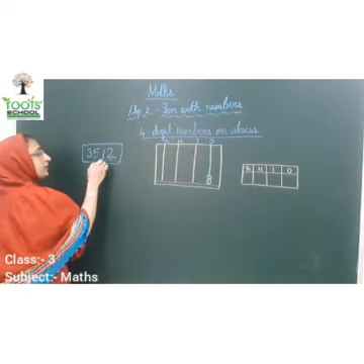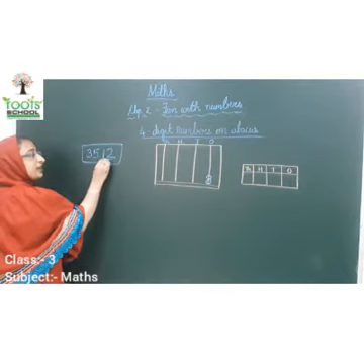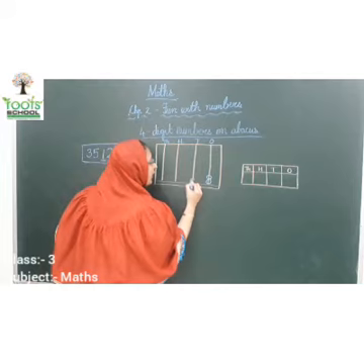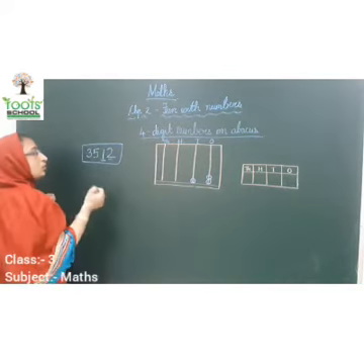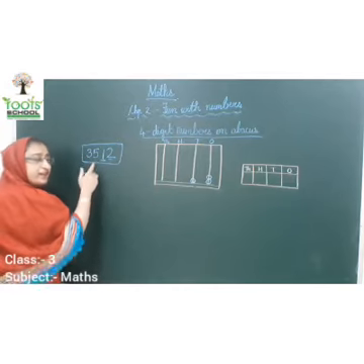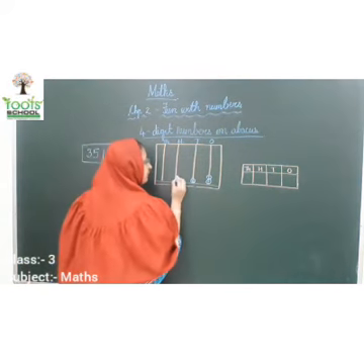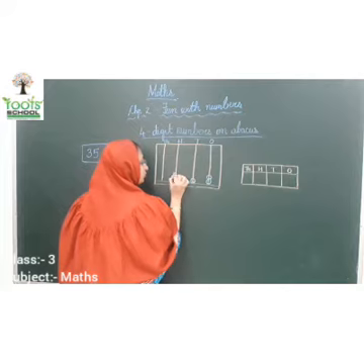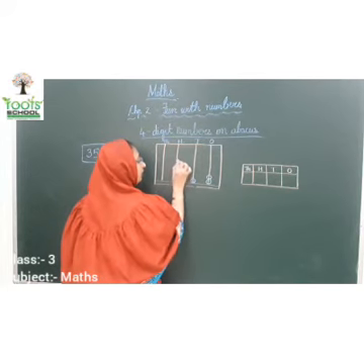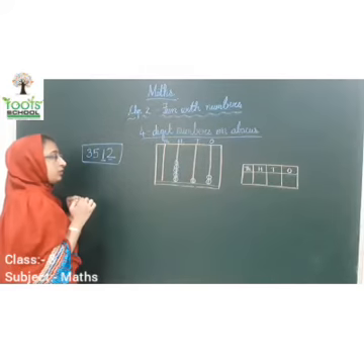Now you tell me, what is the number at the place of tens? It is 1. So we are going to draw 1 bead. Now what's the number at the place of 100? It is 5. So we will be drawing 5 beads. 1, 2, 3, 4 and 5.